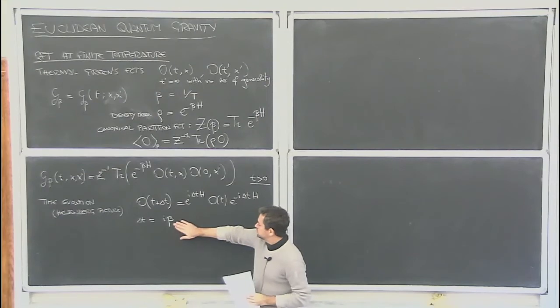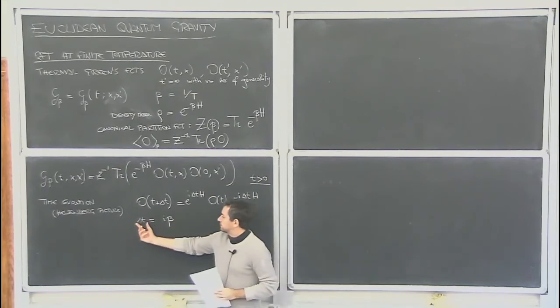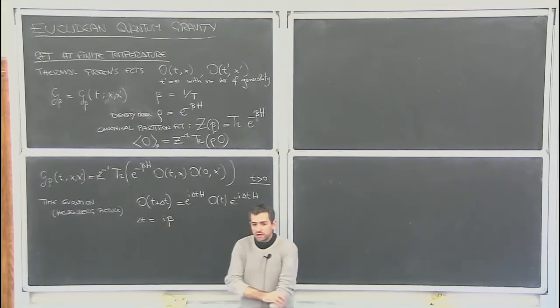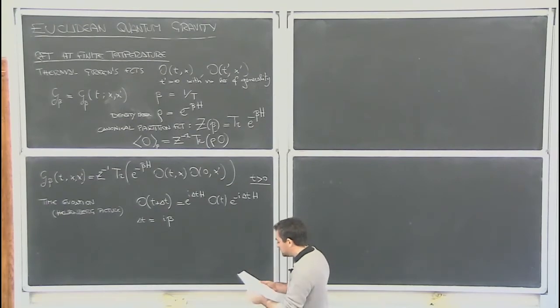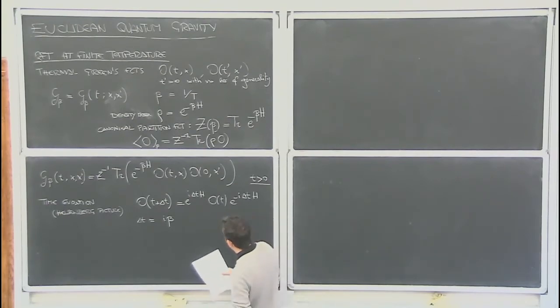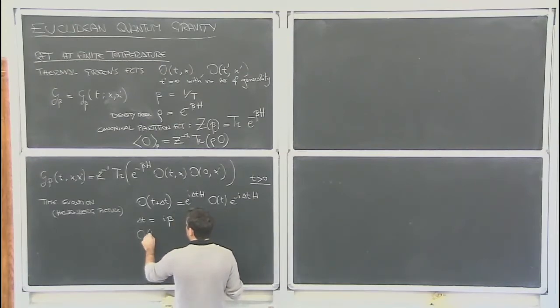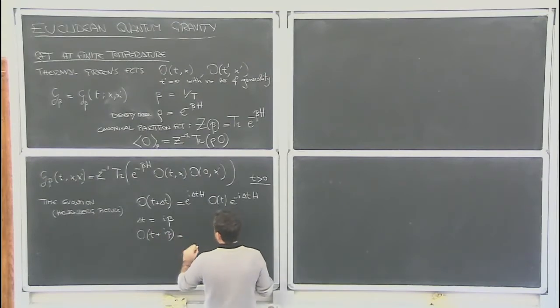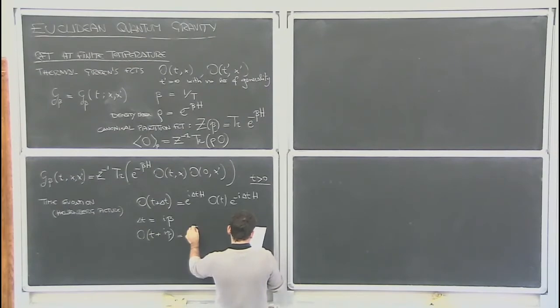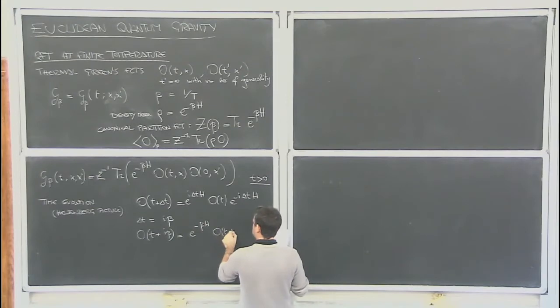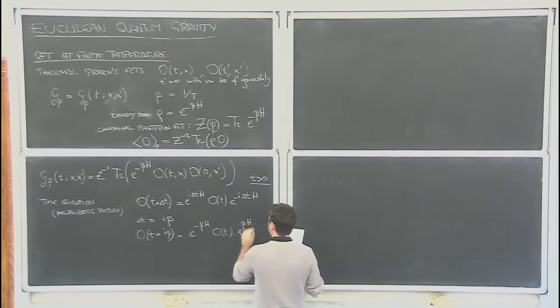Of course, we choose this time interval in an appropriate way. And therefore, our time evolution becomes an evolution in imaginary time, because what we get is I just replace it with e to the minus beta H O of t e to the plus beta H.